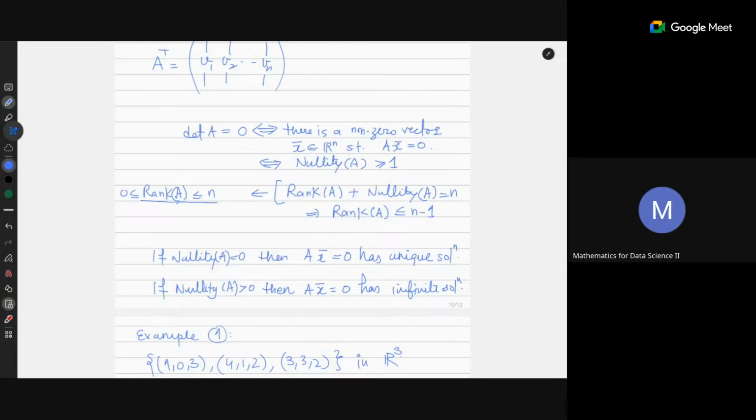All rows are non-zero. So what does it mean? That the determinant is also non-zero. So if nullity is 0, that means rank of A is n, which means that determinant of A is non-zero.